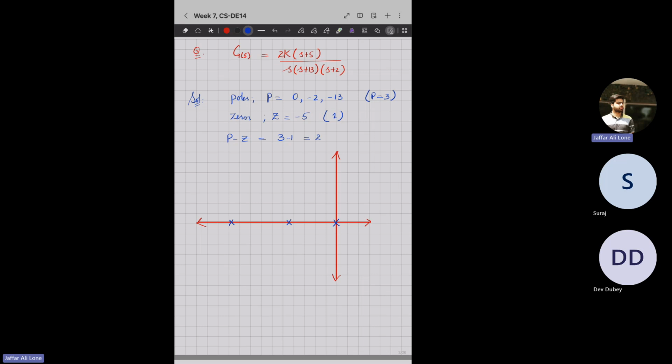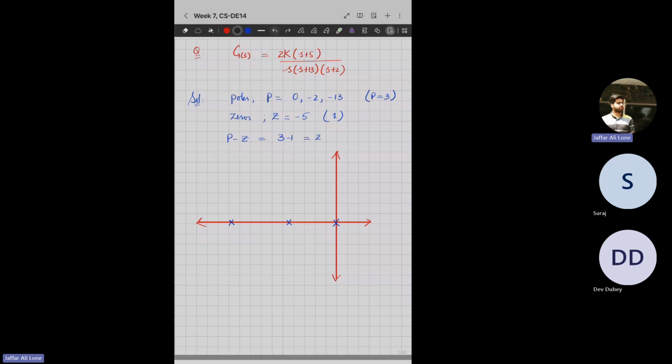Now we have to see which is the valid part of the locus. For that we select a pole and see the right part of it. We have already discussed it in the last lecture, so I'm not going into details. So this part is a valid part of the root locus, this part is not a valid part, and this part is a valid part of the root locus.